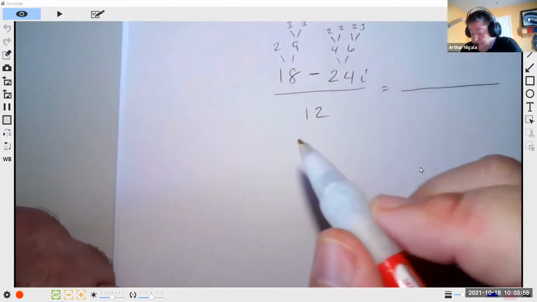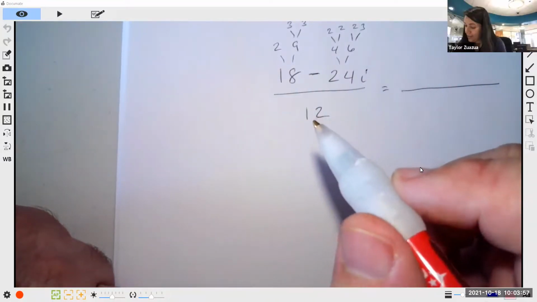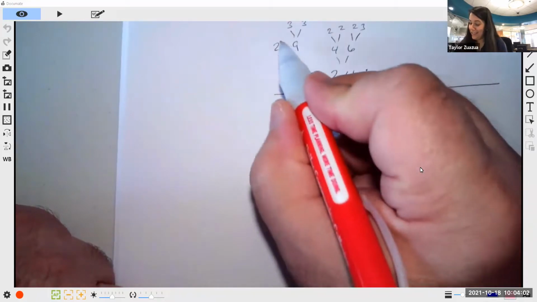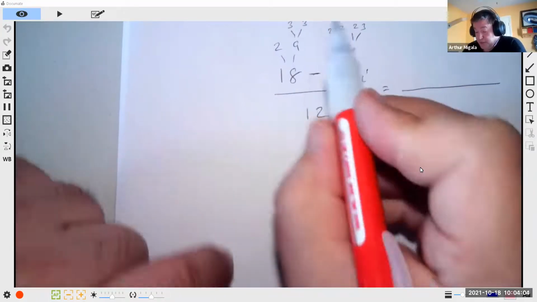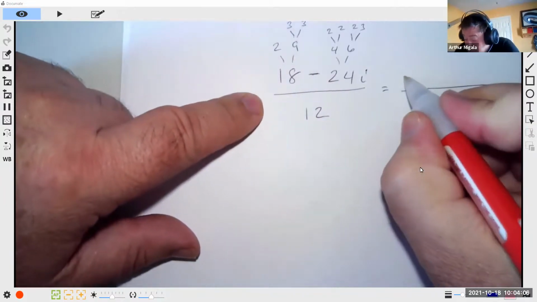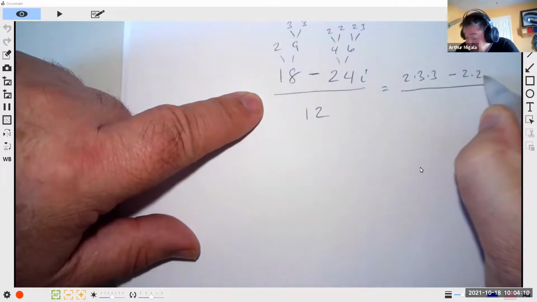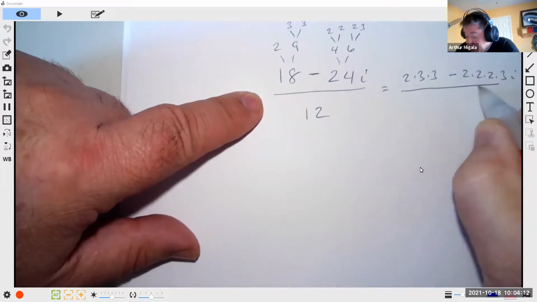So what do they have in common? They have 2 and 3. These are both separate numbers, so it's 2 times 3 times 3 minus 2 times 2 times 2 times 3i.